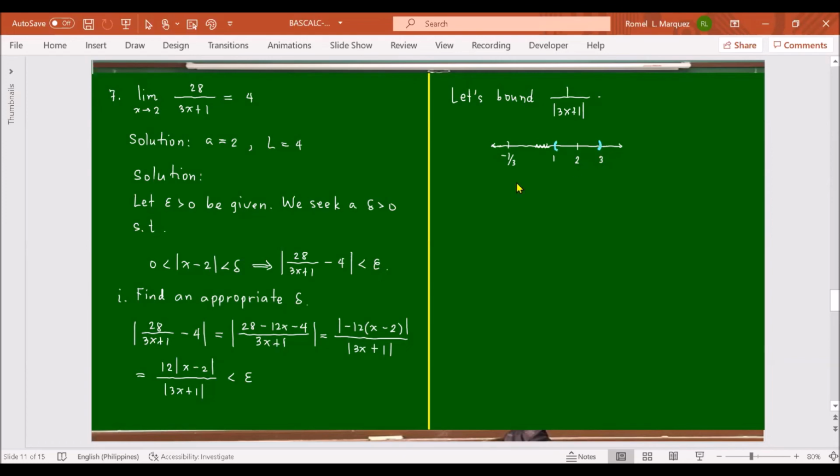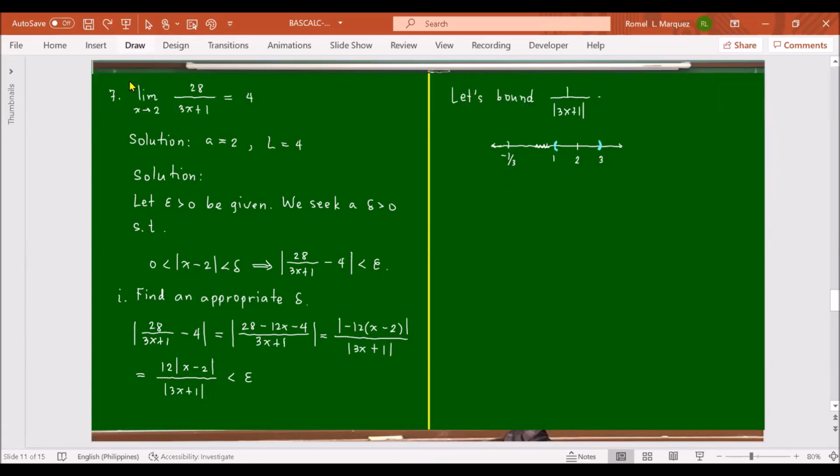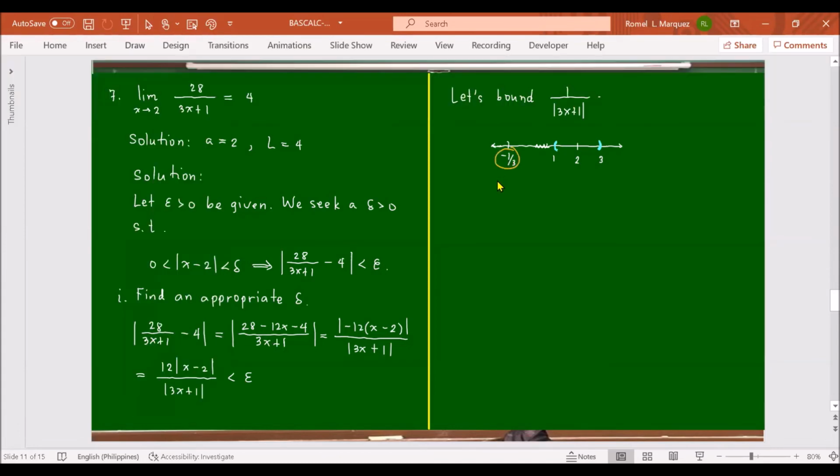So this is what I am trying to avoid, this value. This is not an element of the domain of the function f of x.